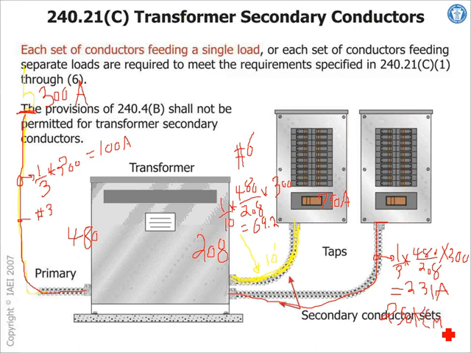You're outside the building. If you arc, you're not going to burn Mother Earth, hopefully not. You're on the top of the pole or underground outside the building. Tap as long as you want. The only condition is, as you tap the conductor, here's my overcurrent protection device.